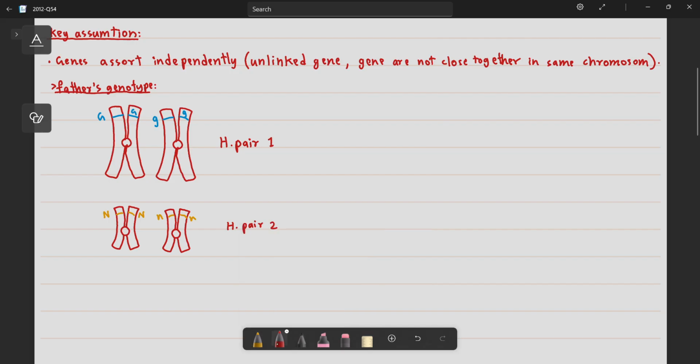The most important thing we must also know is that the two genes are carried on two different chromosomes.